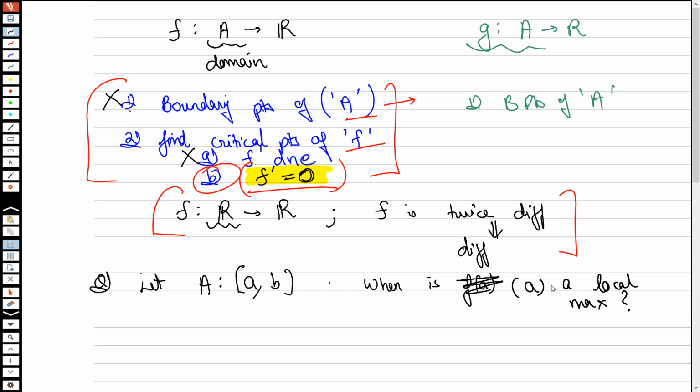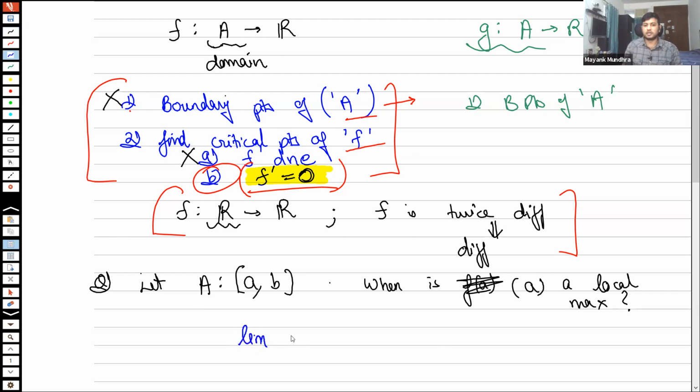When the function starts decreasing after this point? Very good. So the answer is when the limit as x tends to A plus of f prime of x is negative. So the function has to be reducing to the right of A. Then it is a local maximum.